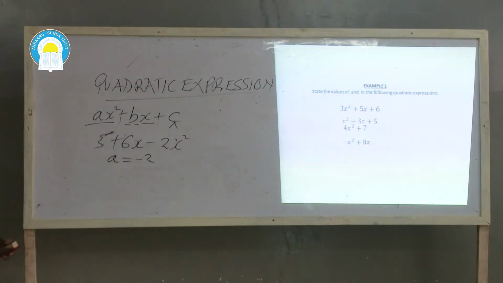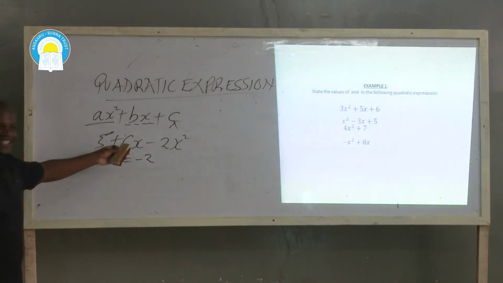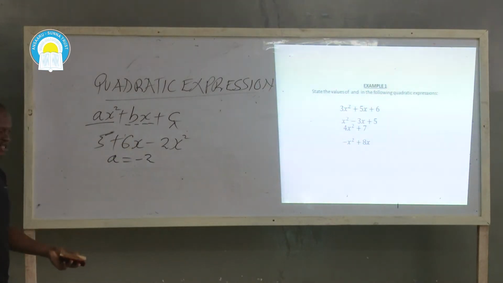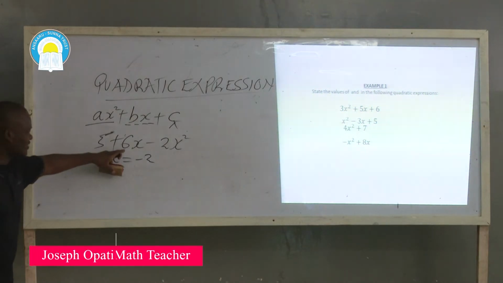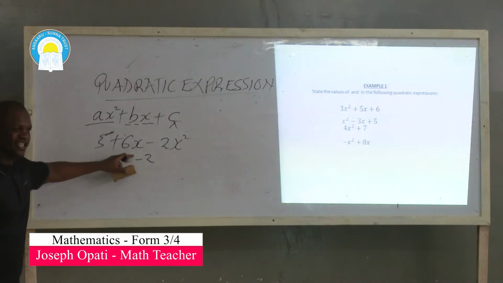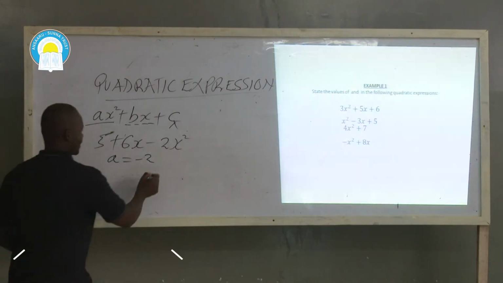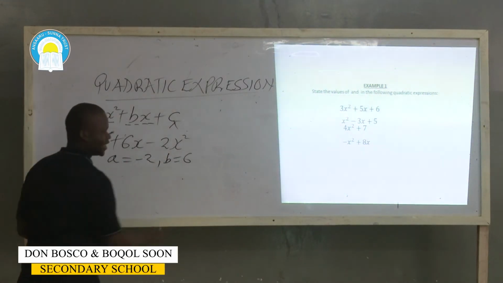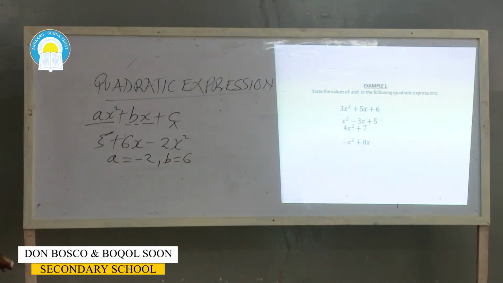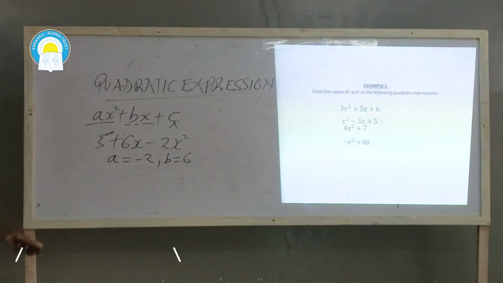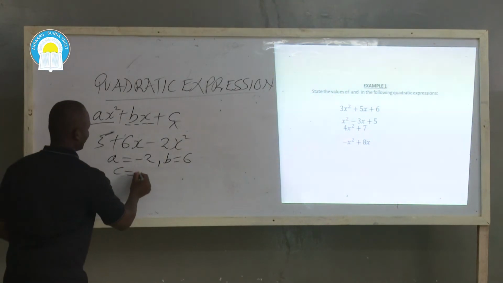Then we have our b. Our b, as per the rules, still remains the coefficient of the linear x. So what's our b? Our linear x is here. What's attached to it? It is 6. So b becomes obviously 6. Then lastly, what becomes of our c? It is 5. So 5 becomes our c.